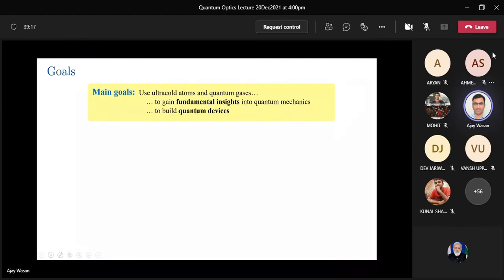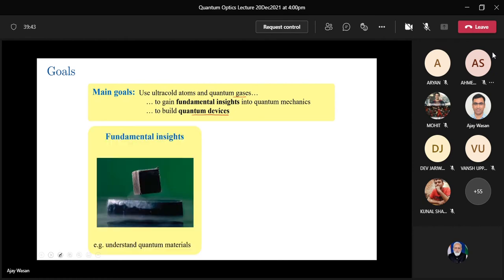So what is the goal? The main goal is to use ultra cold atoms and quantum gases. Quantum gases means BEC, to gain fundamental insight into quantum mechanics and to build quantum devices. Fundamental insights help us understand quantum materials.